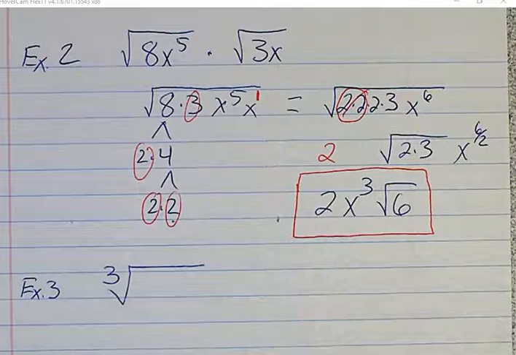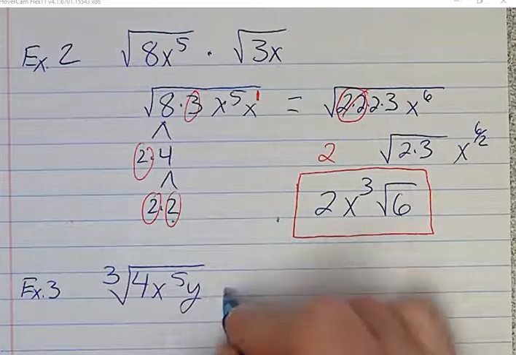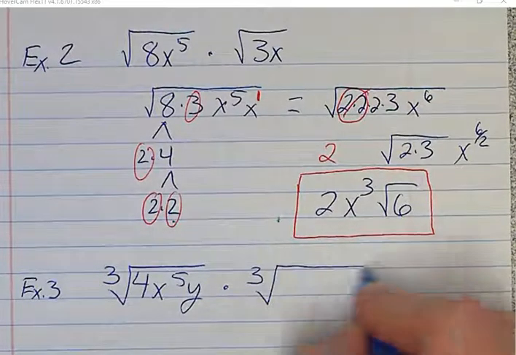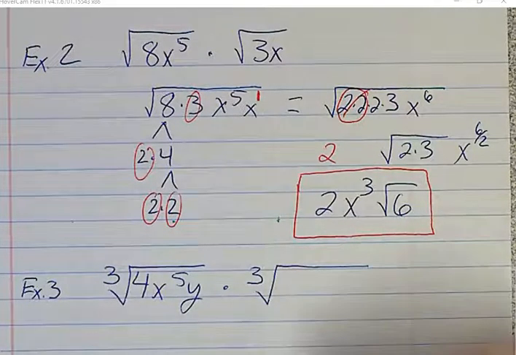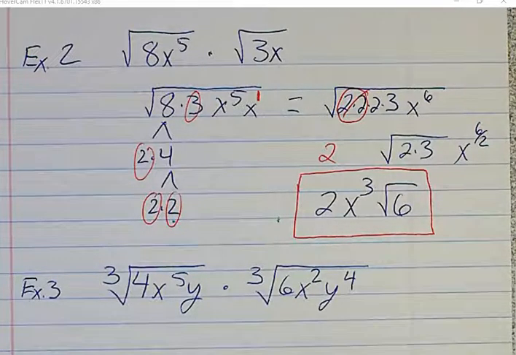Alright, for example, let's go back to third root. Let's go with third root of 4x to the 5th y times third root of 6x squared y to the 4th.